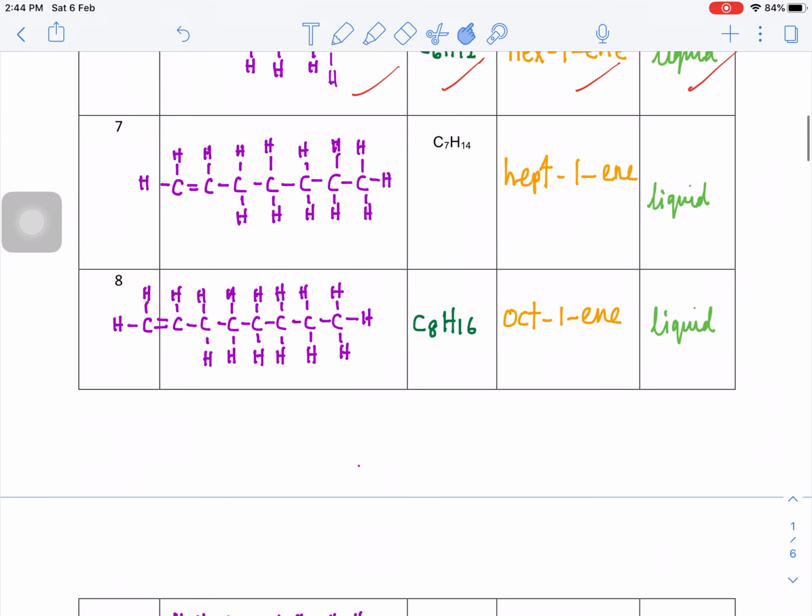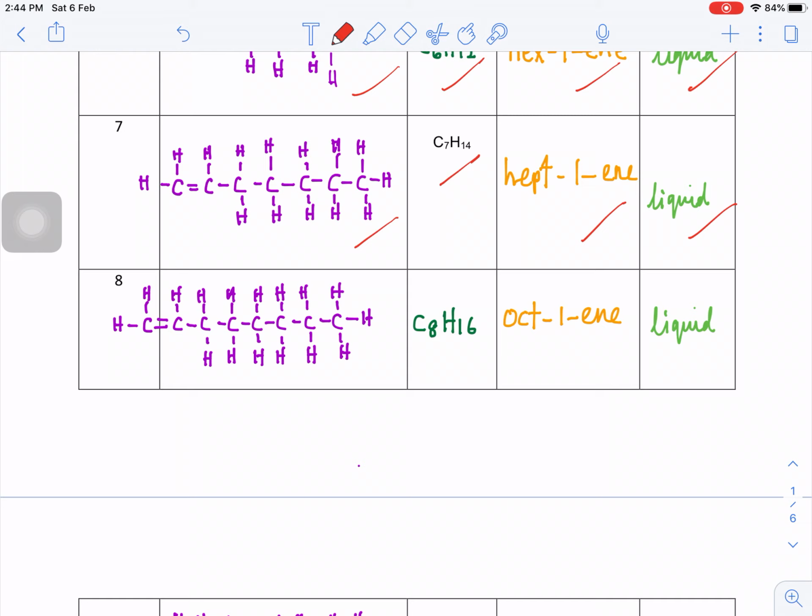If n equals 7, we have 7 carbon, 1, 2, 3, 4, 5, 6, 7, and then we have 1, 2, 3, 4, 5, 6, 7, 8, 9, 10, 11, 12, 13, 14. So this one is correct. The name is hept-1-ene and liquid at room temperature.